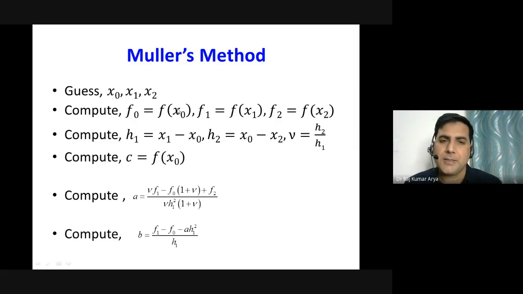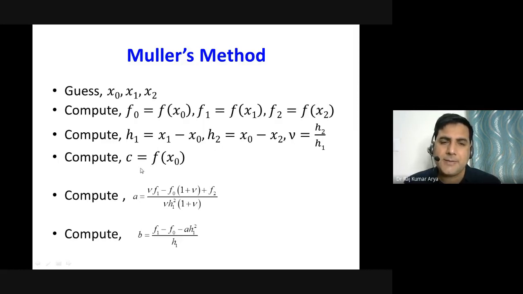So you have calculated f0, f1, f2, and now h1 is defined as x1 minus x0. h2 is the interval size between the second value and the initial value, and then one more value, nu, is calculated as h2 upon h1.